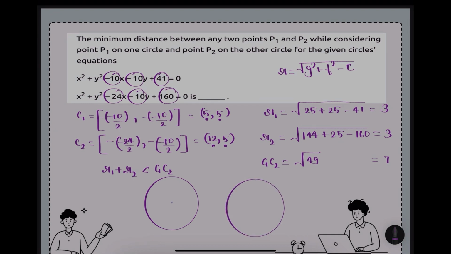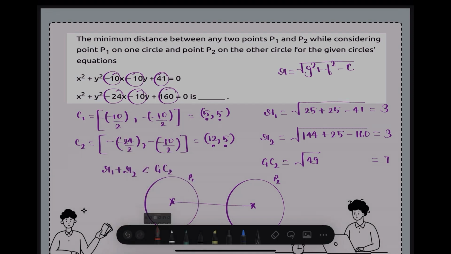Now look at this. Be super slow. We are interested in finding the minimum distance. Look, point P1 will roam around the circumference of circle 1. Point P2 will roam around the circumference of the second circle, and we are talking about the minimum distance.